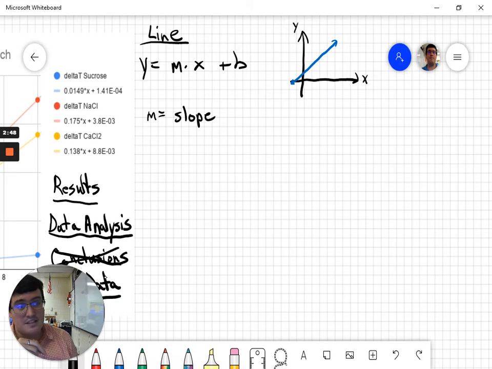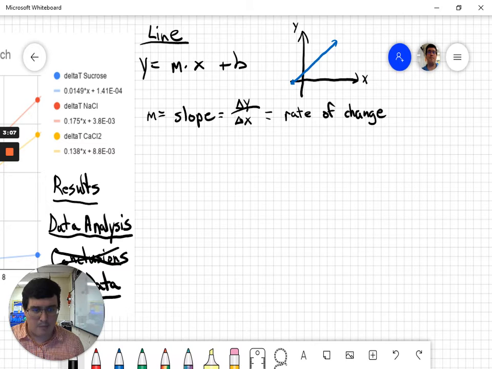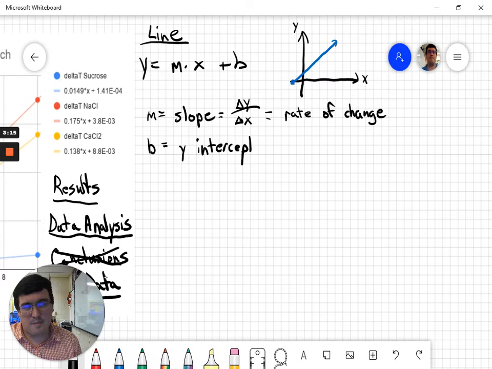and it means a lot of different things, right? Some of you may remember it's rise over run, so it's delta y over delta x, or change in y over change in x, or it's also the rate of change, right? So if you remember any of those things from math, this is the application of that. b is the y-intercept, and in chemistry, the y-intercept isn't the best thing for us.